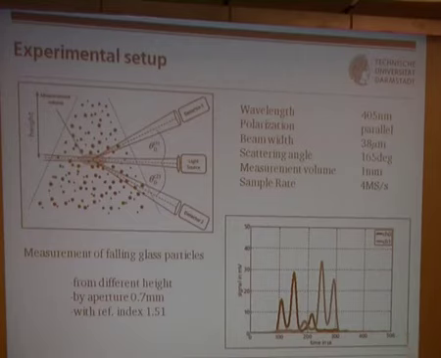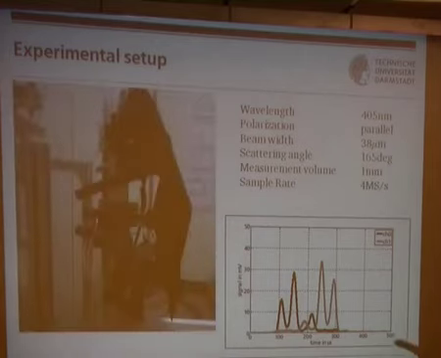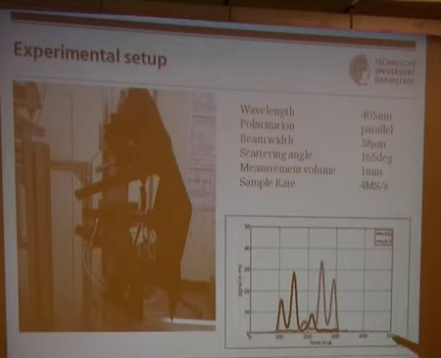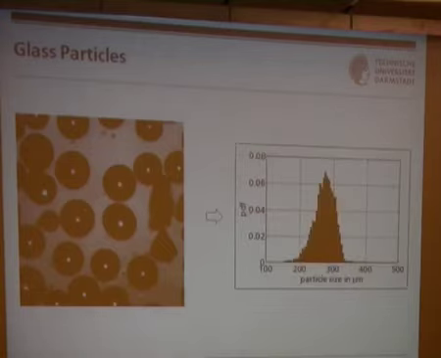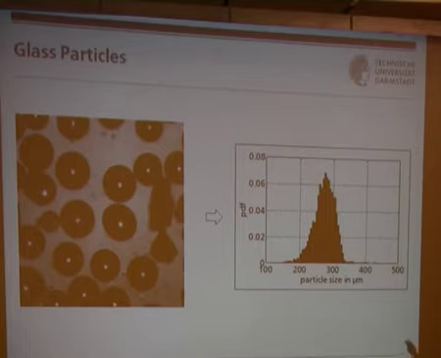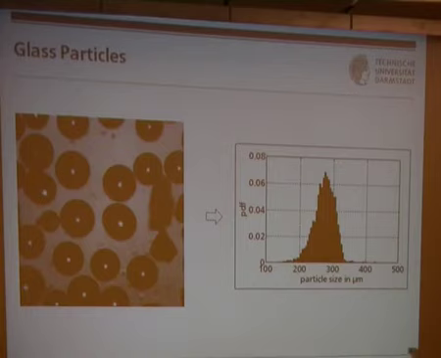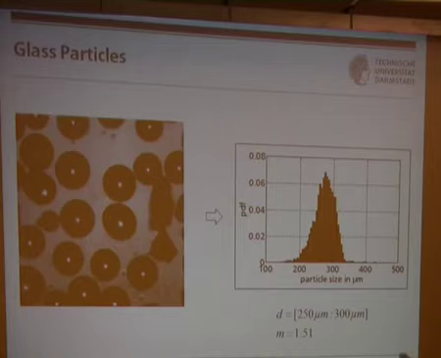You see here some basic experimental setup: photomultiplier, some lens, laser diode, photomultiplier. And the glass particles, as you see here, and this is the distribution of the glass particles measured by an imaging method, for example, taking photographs. You can also see that these particles are not perfect spheres.